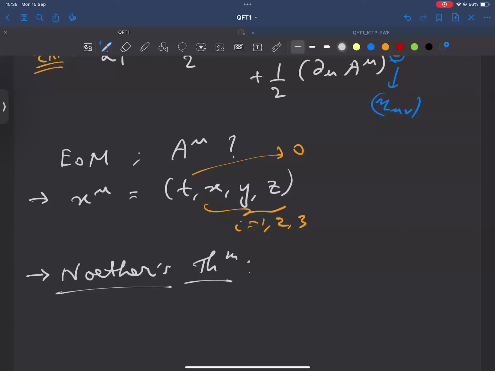If there is rotational invariance in your system, then you will have conservation of angular momentum. And the third thing is if there is time translational invariance, not just invariance along space, then energy is conserved in your system.